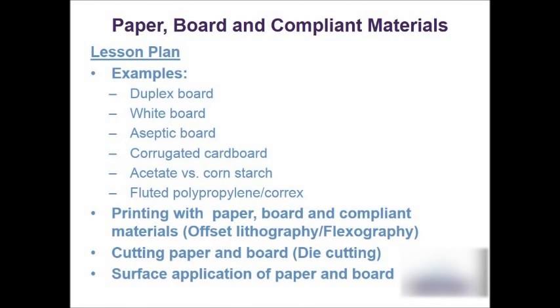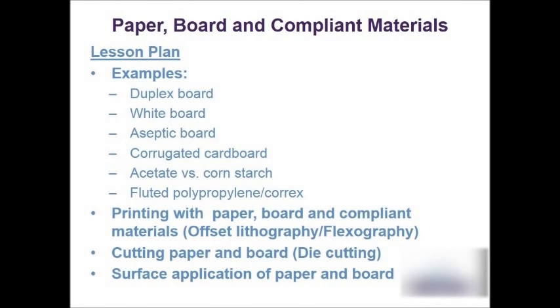However, because what we normally keep in aseptic board is liquid, that means that we need to ensure that it is watertight. So what will normally happen is that you would have an outside layer, which is polythene, then another layer, which is paper, card and board, which is normally duplex board, and then you would have a layer of aluminium and then another layer of polythene.